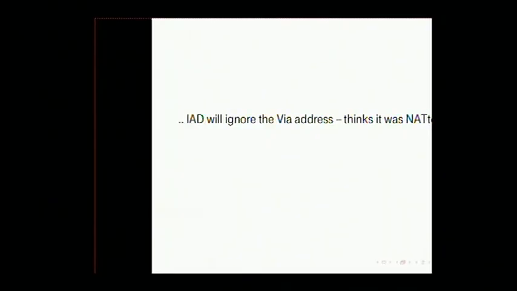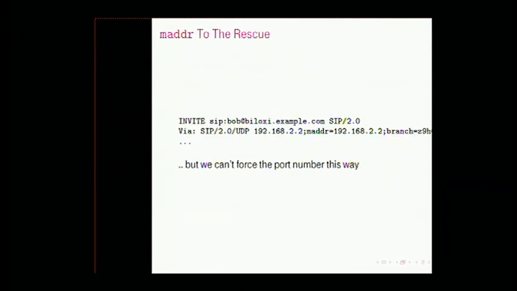Can we do the same thing with responses? It's not that easy because the UAS will usually ignore the IP address. This was an early attempt to deal with the NAT problems with SIP. So the via address is usually ignored. But there's a little known parameter called maddr, which was originally introduced for multicast things, which haven't been deployed really, but they are still in the SIP stacks.